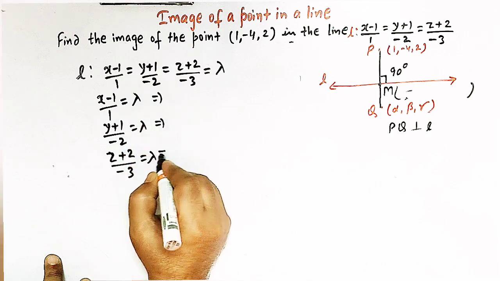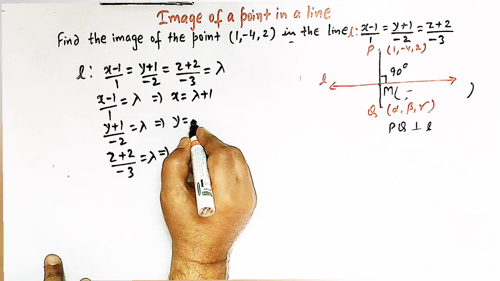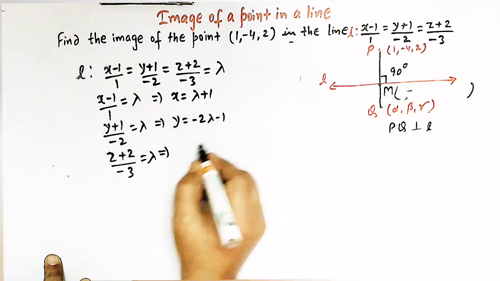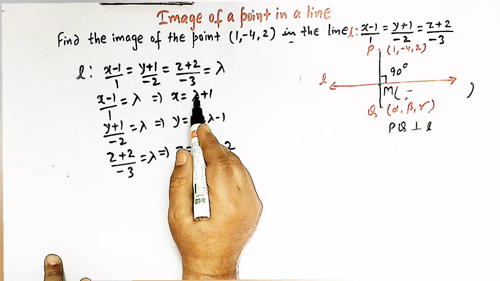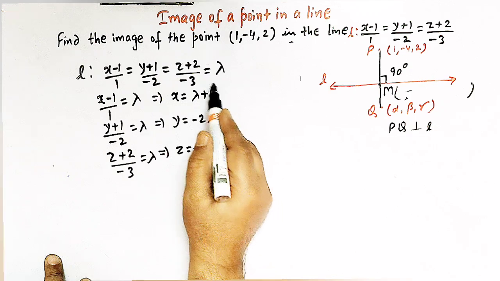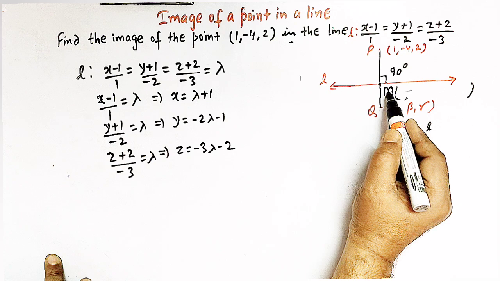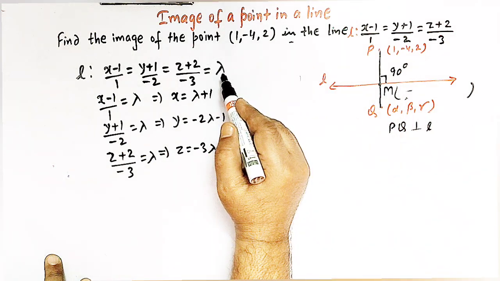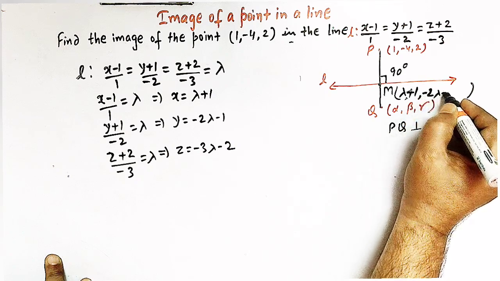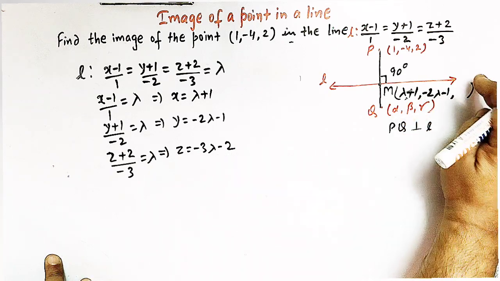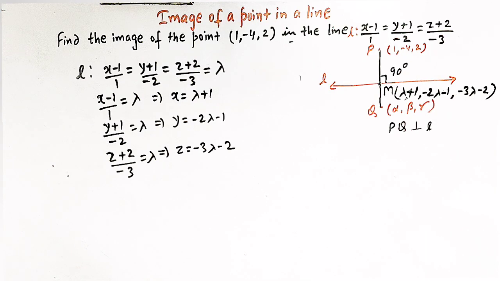So from here we can write x = lambda + 1, y = -2 lambda - 1, and z = -3 lambda - 2, right? So for some value of lambda, this coordinate represents this point M. So the coordinates of the point M for some value of lambda are given by (lambda + 1, -2 lambda - 1, -3 lambda - 2).